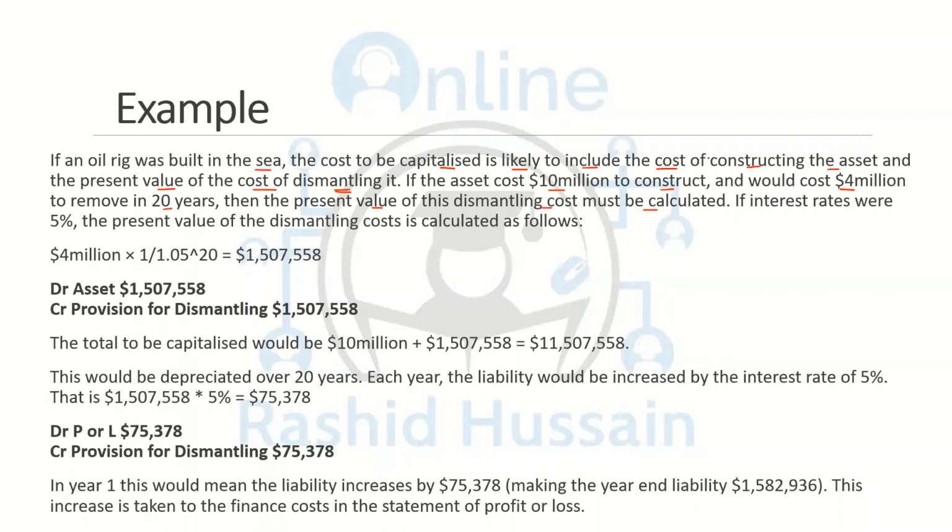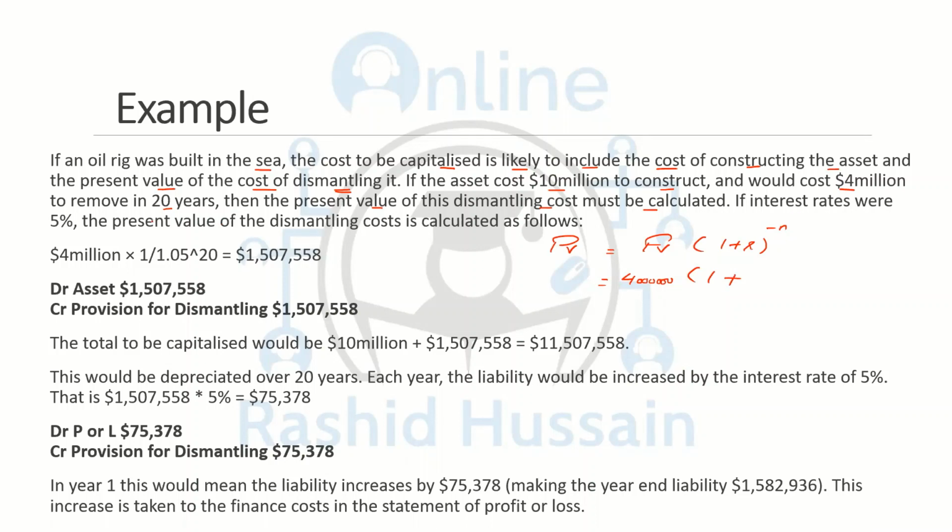So you know the formula. I've already told you that to calculate the present value, we take the future value times (1 plus r) raised to the power minus n. Now the future value is 4 million, that is 40 lakh, 4 followed by 6 zeros. Then 1 plus the interest rate, which is given.